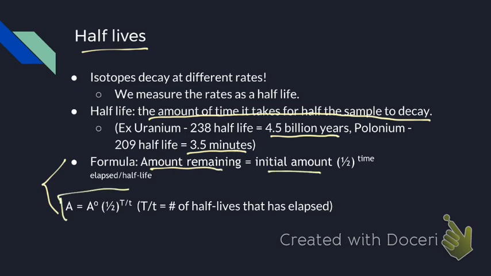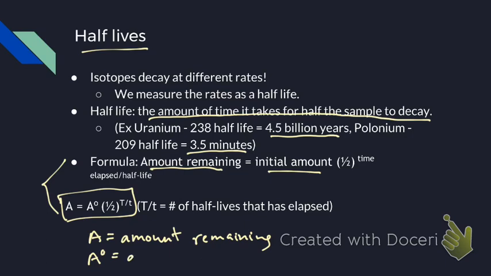And so here's the formula. A is the amount remaining. A sub 0 is the initial amount. And then big T is the time elapsed.